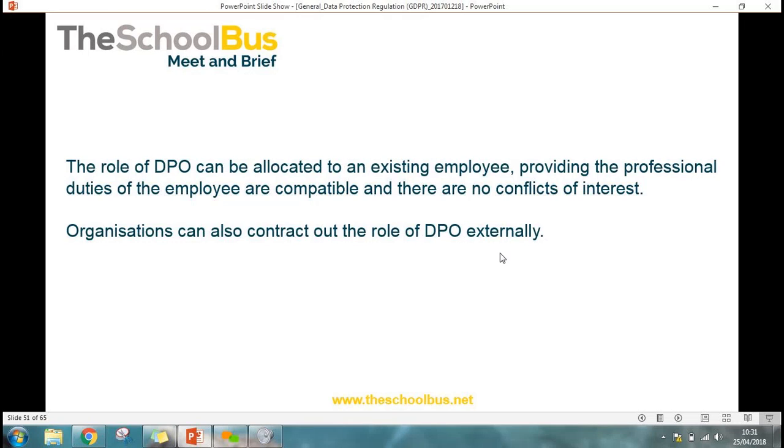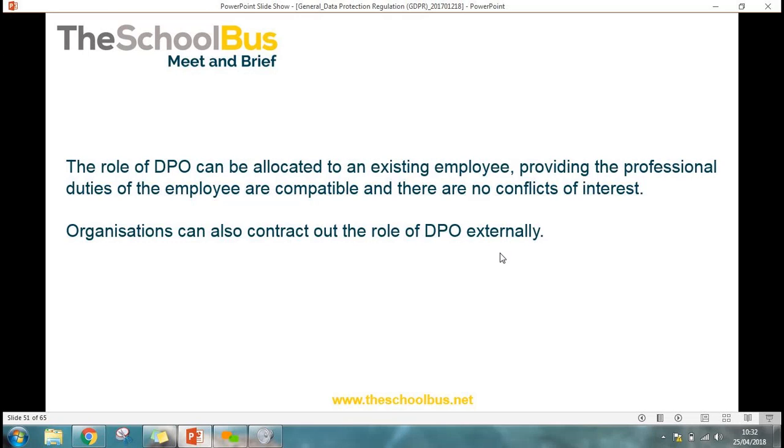So coming back to the data protection officer, it can be an existing employee, or it can be outsourced. I mentioned before there's got to be no conflict, and I've certainly seen a lot of debate about whether or not the role of an SBM, or school business manager, is the role of a DPO. There is no right or wrong answer to this. It does come down to that issue of conflict of interest.